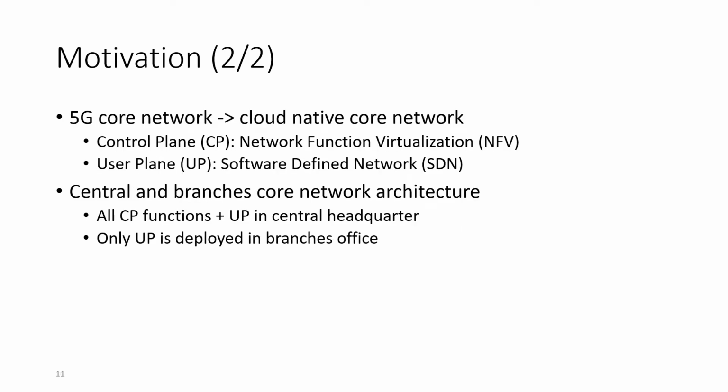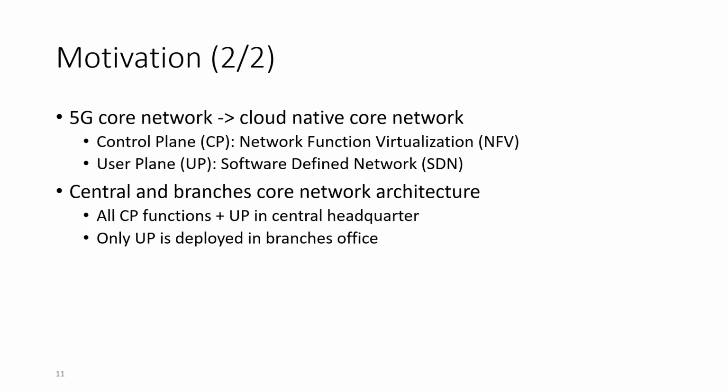It is lucky that the 5G core network is designed to be cloud native. The control plane uses the network function virtualization idea, so network functions can be deployed dynamically. The user plane uses the software-defined networking idea, so the control plane and user plane are decoupled.